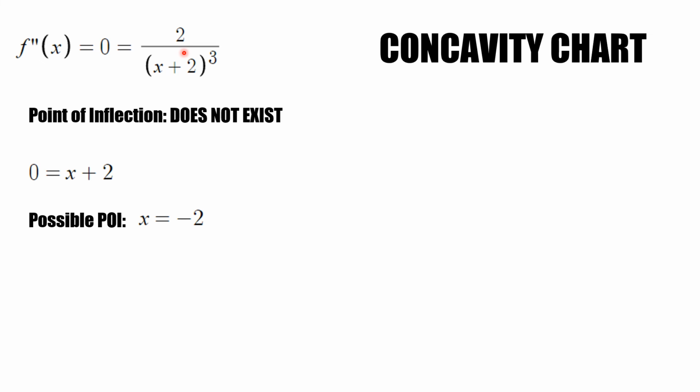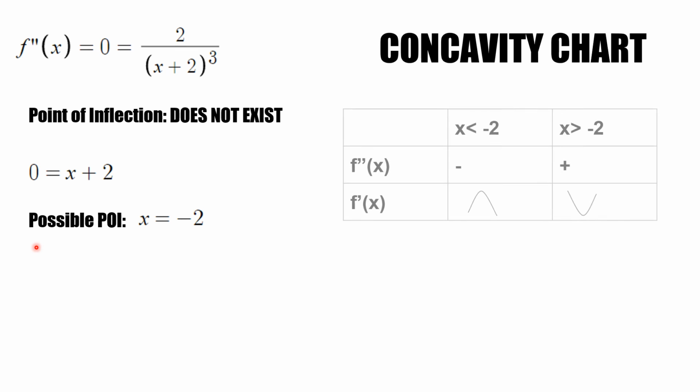If you don't understand, this is because in order to find the point of inflection, we must solve this rational function to 0. And if we were to solve it, we would have to multiply the denominator by 0, which would just equal 0, and that wouldn't work. Therefore, we must use our assumed POI, which is x equals -2.